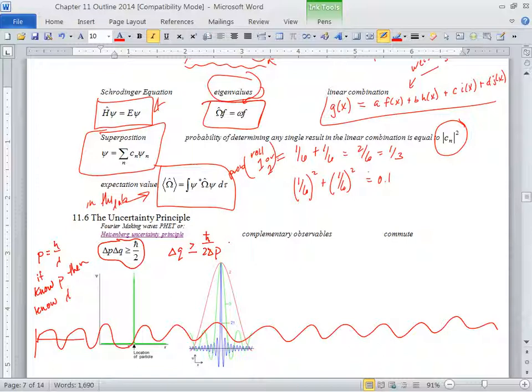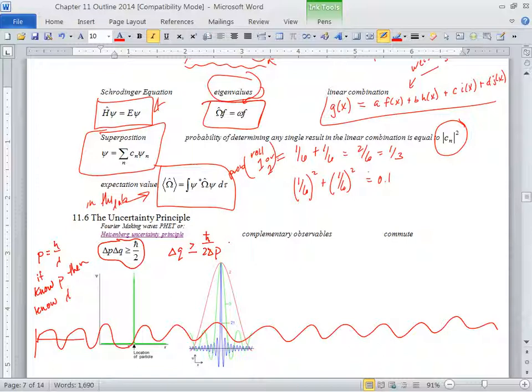And the reason why they give it a Q instead of an x, y, or z is because it could be x, y, or z. Remember, is momentum a vector? Yeah, because it's mv. Is m a vector? No, it's scalar. But v is a vector.